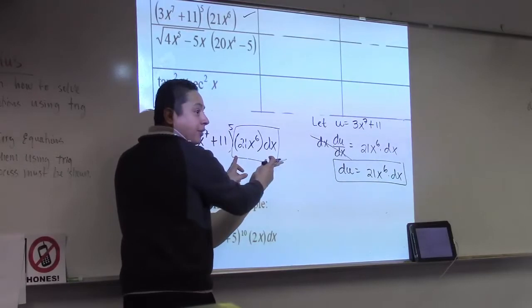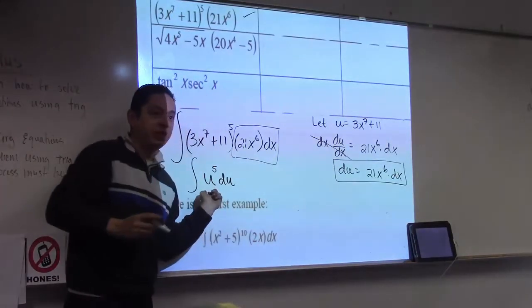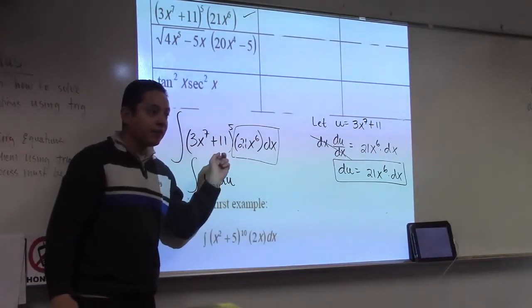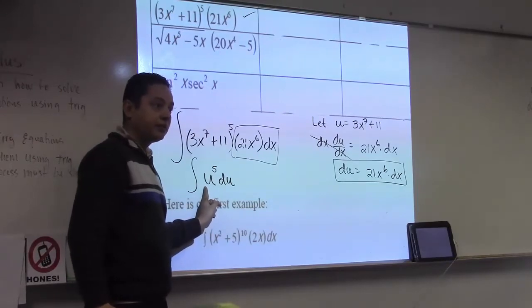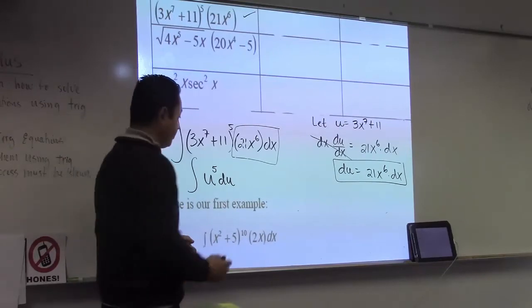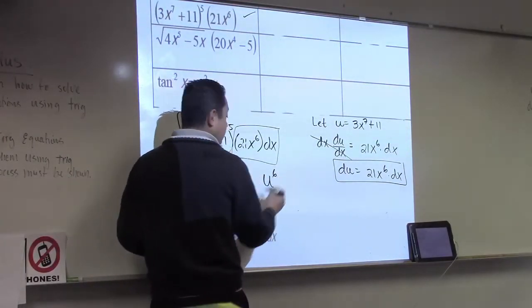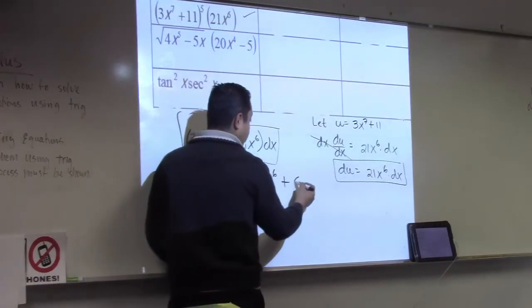And this part now is du. Now, isn't this much simpler to solve than solving this messy stuff right here? Sure is. How do we integrate this? What technique? Bump up and divide. So let's bump that one up. That will give me u to the 6 divided by 6, plus c.